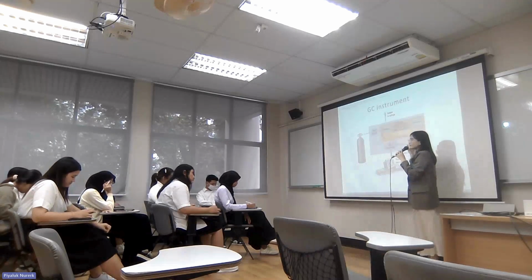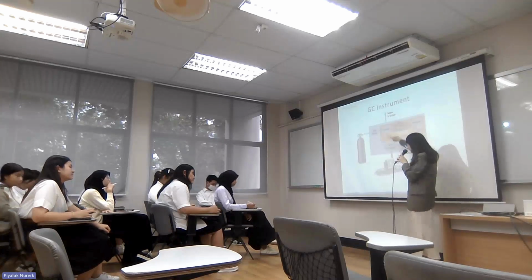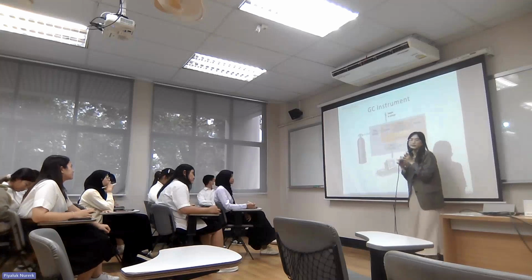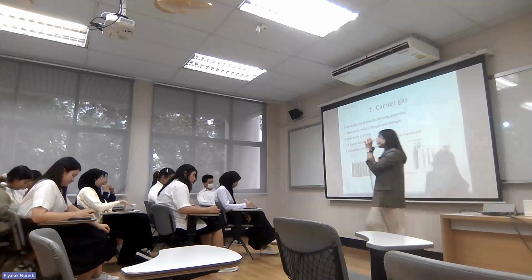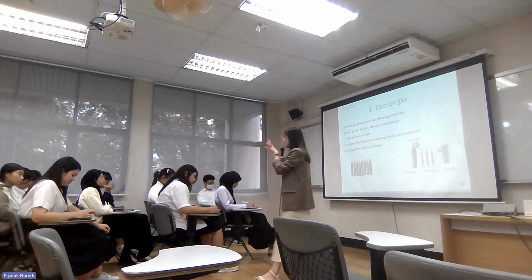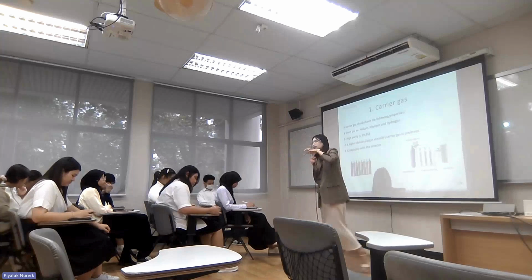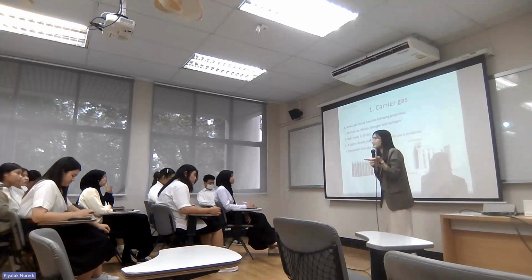The GC instrument has four parts, similar to the GC principle as well. So let's start from the first part, the sample introduction. In the GC we use gas as the mobile phase.